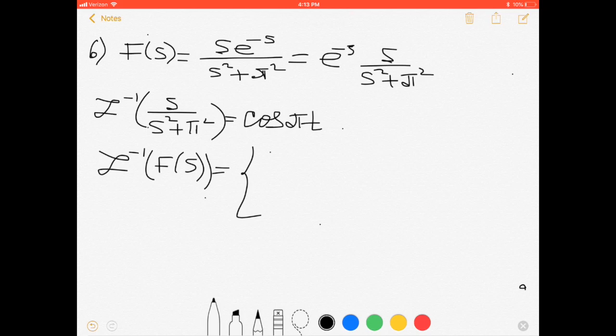Here you have a piecewise function, and it will be 0 if t is less than 1. Where does this 1 come from? 1 is the coefficient in the exponential function. The power in the exponential function is negative 1, so the opposite will be 1. And it equals minus cosine pi t for t greater than or equal to 1.